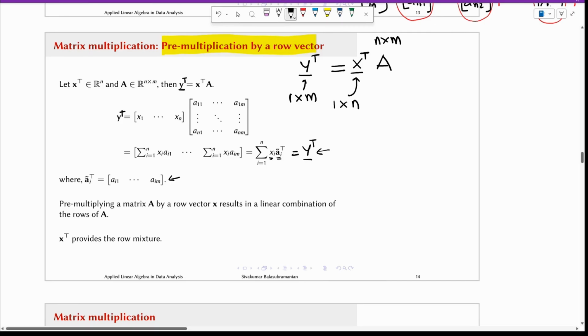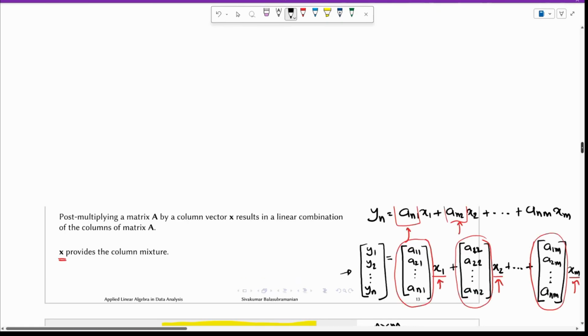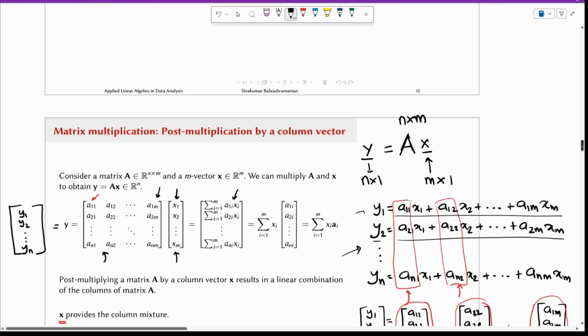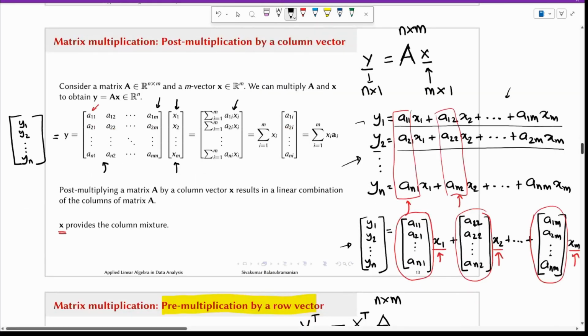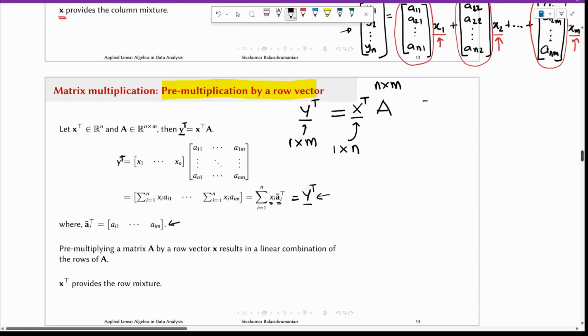You can arrive at this through the same procedure, so I will leave that as an exercise for you to do. So you have x transpose, which will be x1, x2, up to xn, and then you have the A matrix, A11, An1, A1m, Anm.